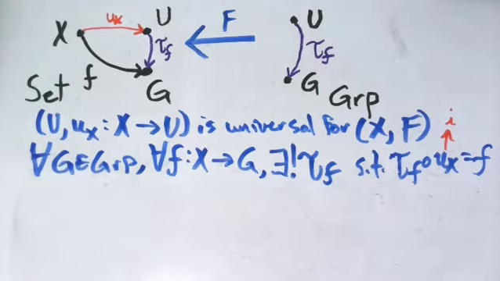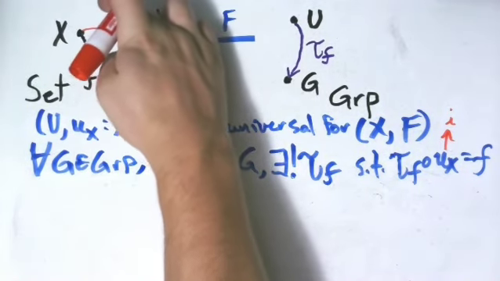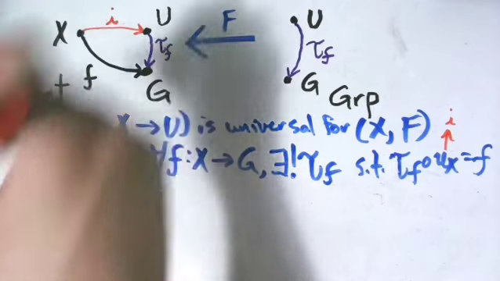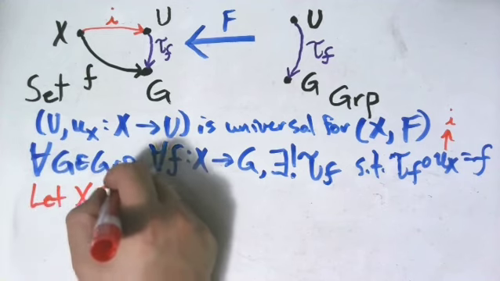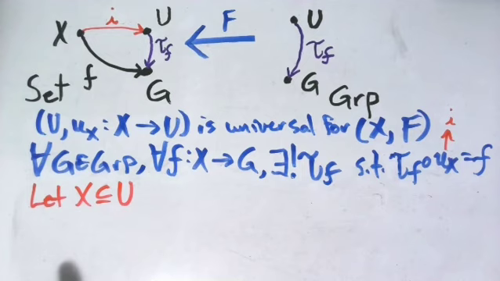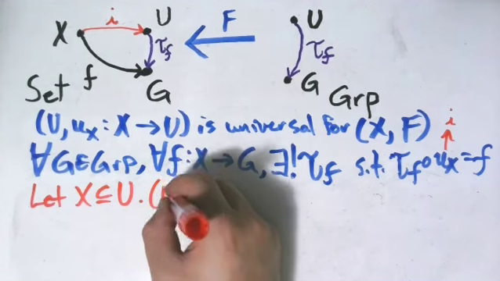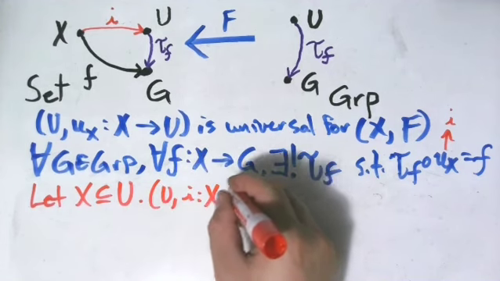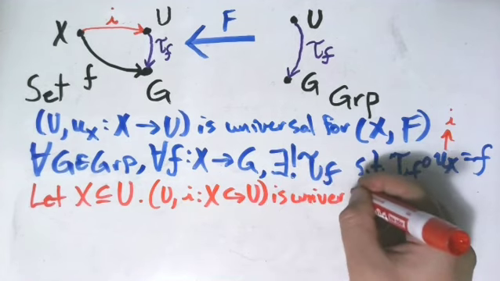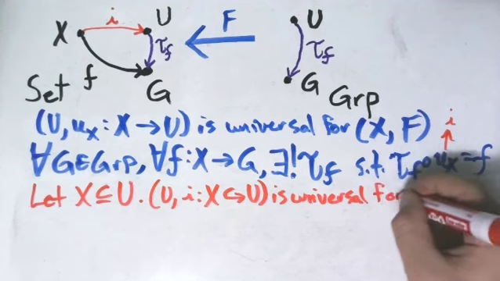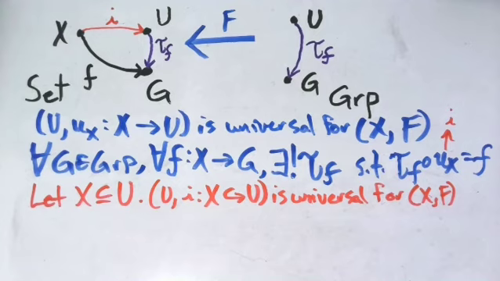So based on that discussion, let's try reapplying this definition here, where instead of some arbitrary function, we have the inclusion map from X to U. So first, let X be a subset of U, so every element of X is in the group U. Then U and the inclusion map from X into U is universal for X and F, where F is the forgetful functor going from groups into sets.